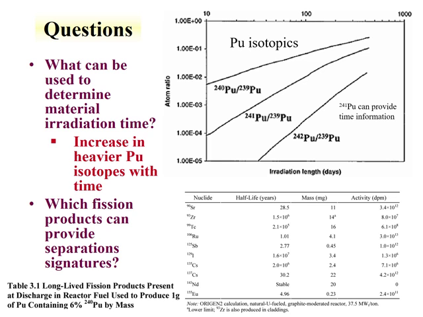One of the isotopes is even stable, the neodymium isotope. And these are fission product isotopes that are present in discharge in a reactor fuel used to produce 1 gram of plutonium. So for every 1 gram sample, there would be this sort of activity of these isotopes.